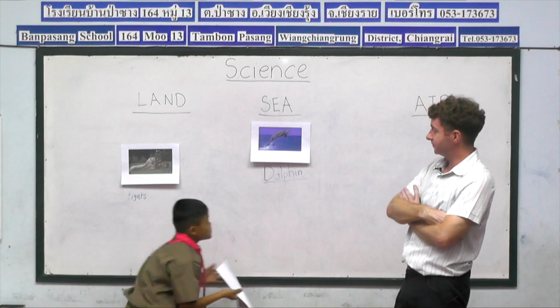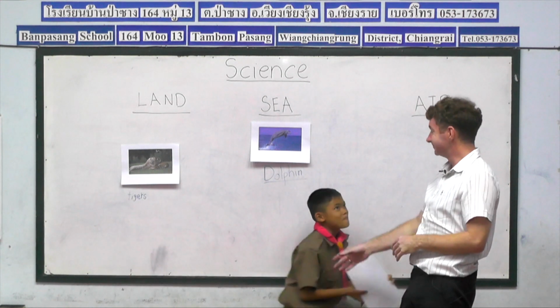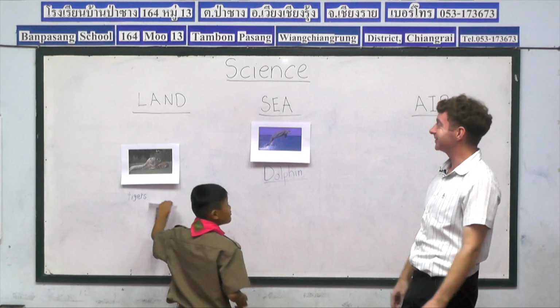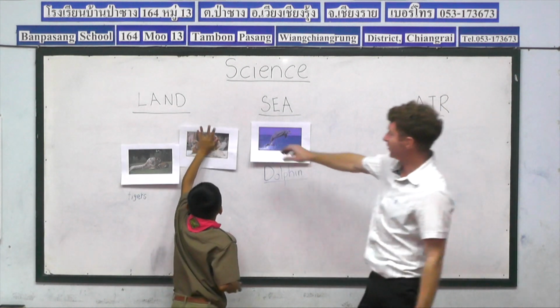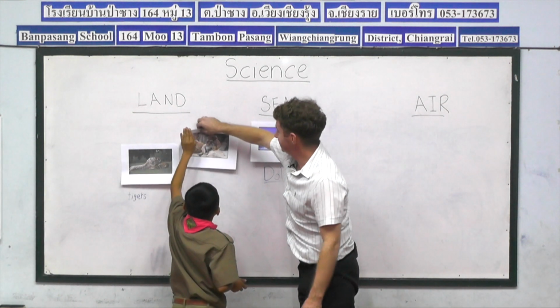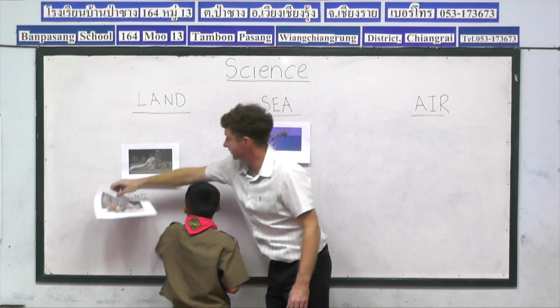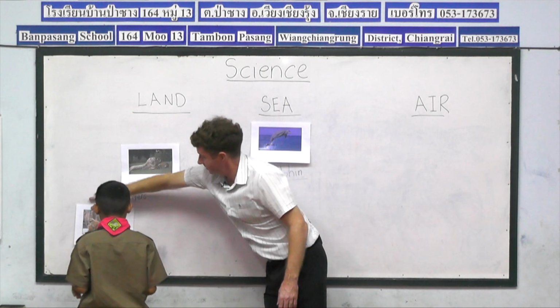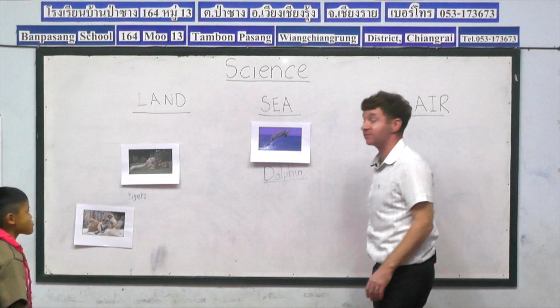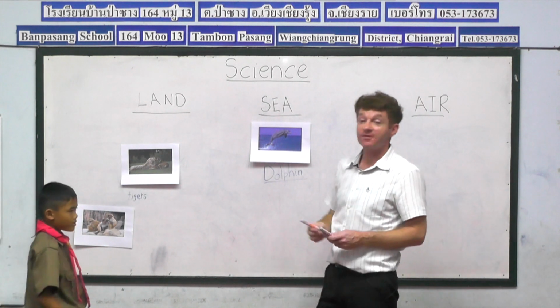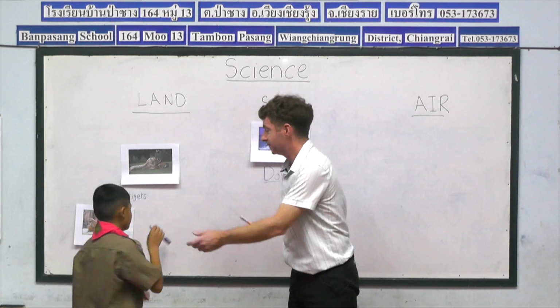Which column? Nope. Land animals. Yes. Not quite. We can place it here. There we go. This column here. Okay, and now we'll help Chew to spell the word monkeys.